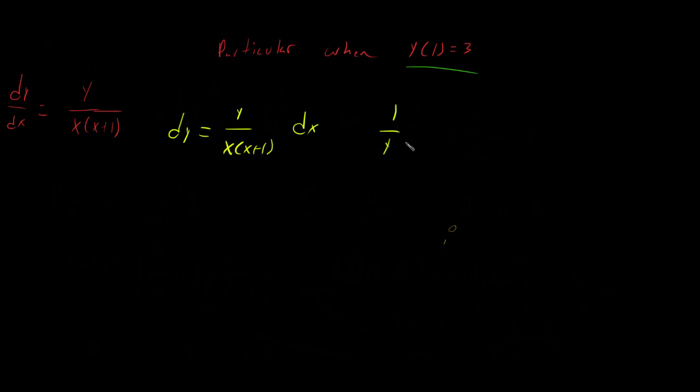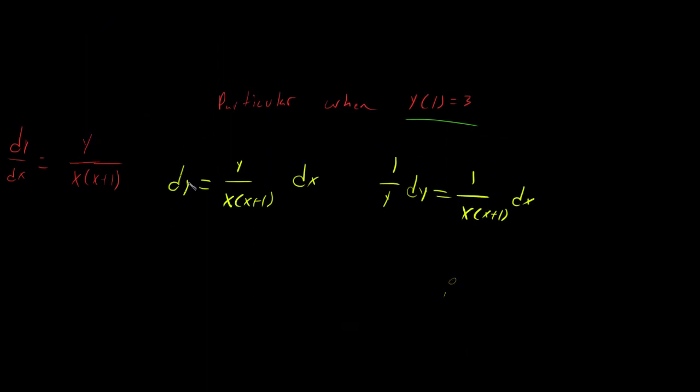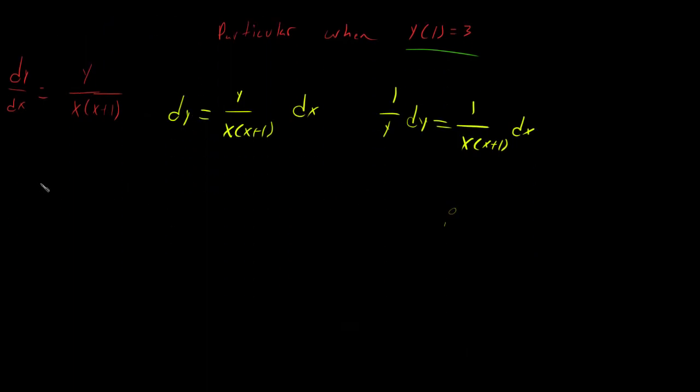So it's 1 over y dy, or dy over y, equals 1 over x times x plus 1 dx. Same idea as before: once we get all the y's and dy's and the x's and dx's on one side, we just integrate both sides. So the integral of 1 over y dy equals the integral of 1 over x times x plus 1 dx.